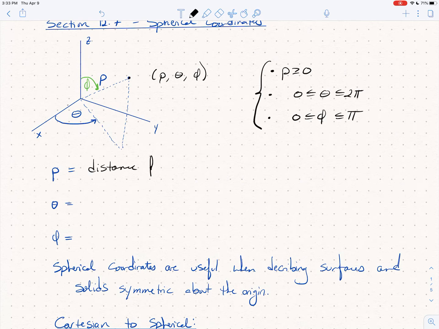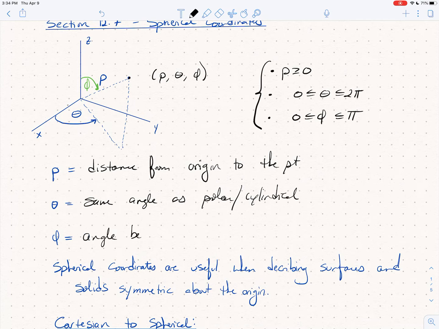Rho is just the distance from the origin to the point, and then theta is the same angle as polar slash cylindrical, and then phi is the angle between, let's call the origin O, and let's call this point A. So it's the angle between the positive z-axis and the line, the way that I've written it would be OA, that line. And we've already given the bounds on that.